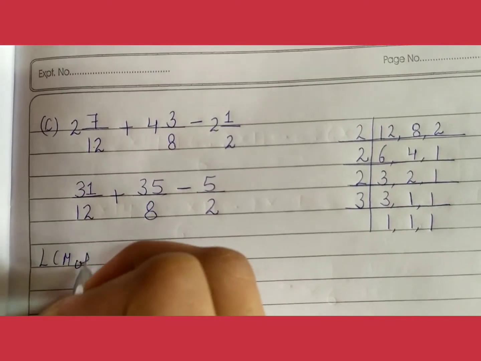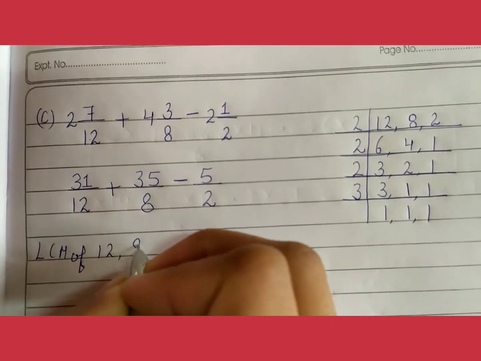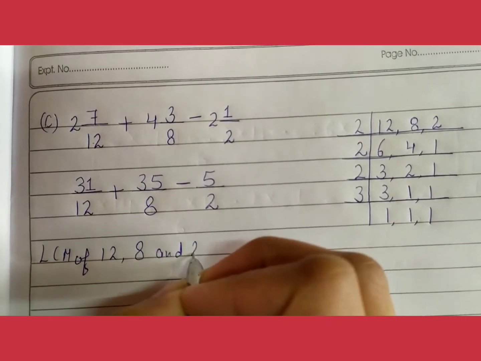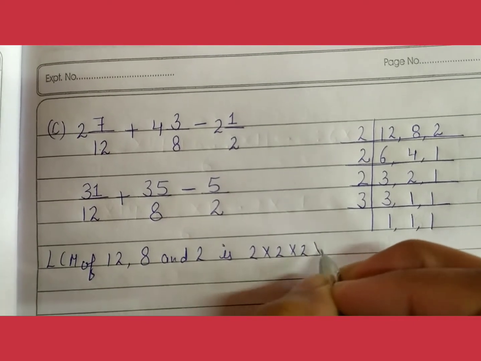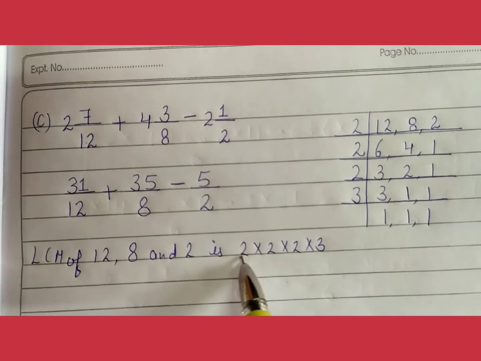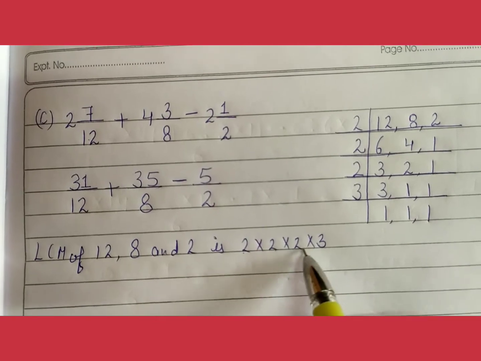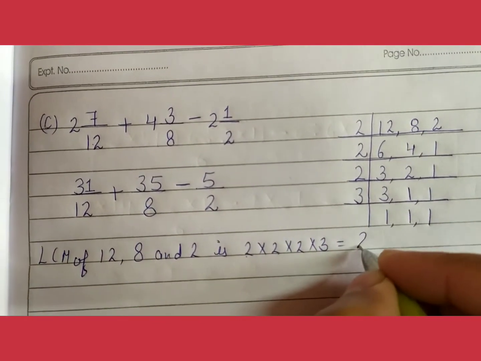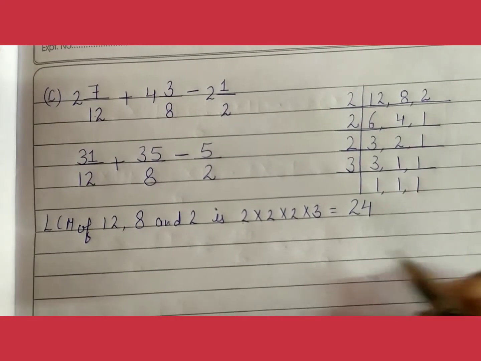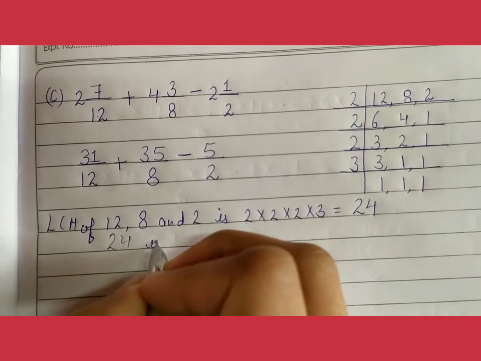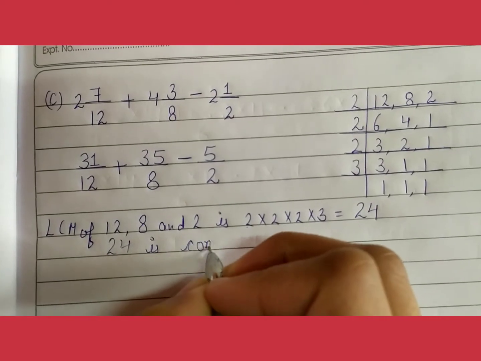LCM of 12, 8 and 2 is 2 multiply 2 multiply 2 multiply 3. 2 twos are 4, 4 twos are 8, 8 threes are 24. Your LCM is 24 and 24 is a common denominator.